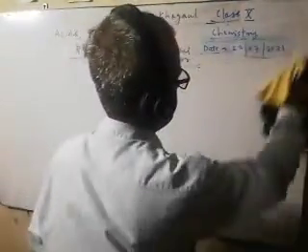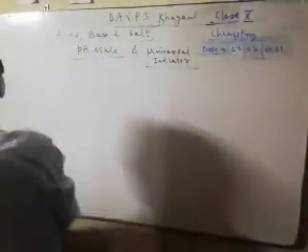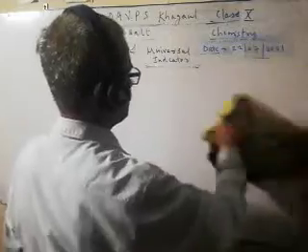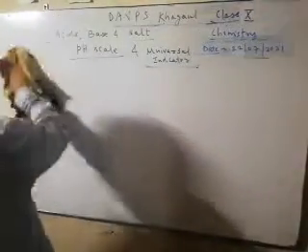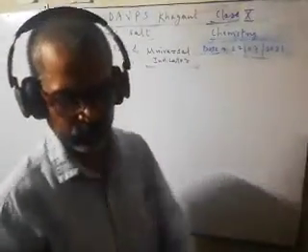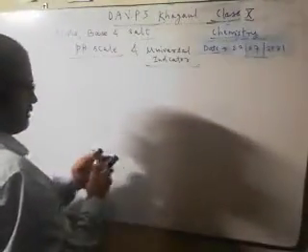In class 10 you have to study in detail about sodium hydroxide, and then plaster of Paris, bleaching powder, washing soda, baking soda, like this. These are important. So let us now go through the pH scale, range, and universal indicator.